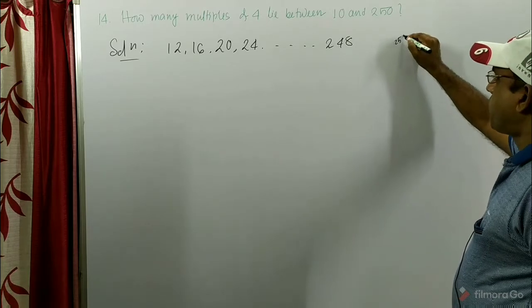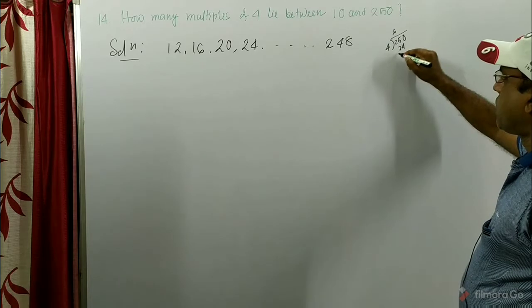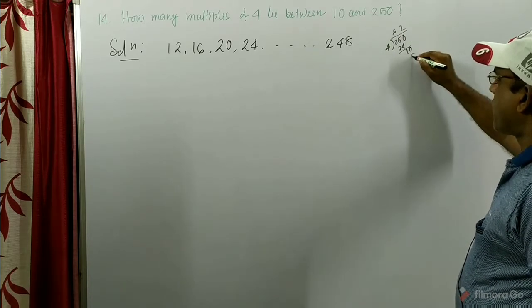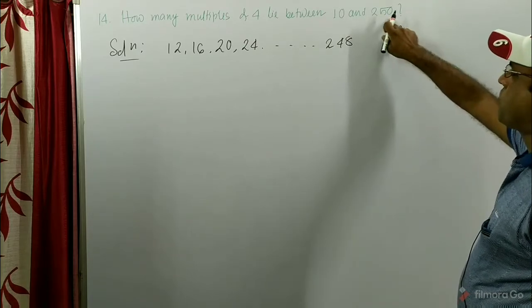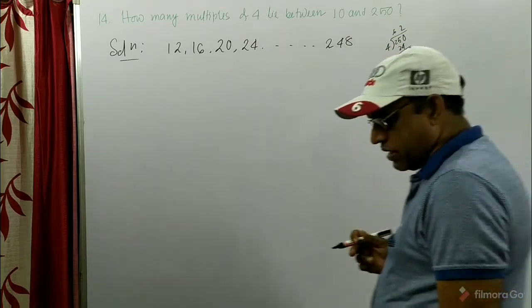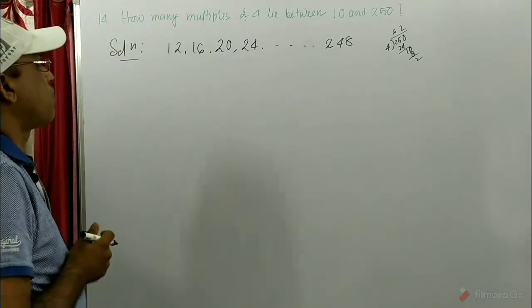If we divide 250 by 4, the remainder is 2. Subtracting 2 from this gives a number divisible by 4. So these are multiples of 4.